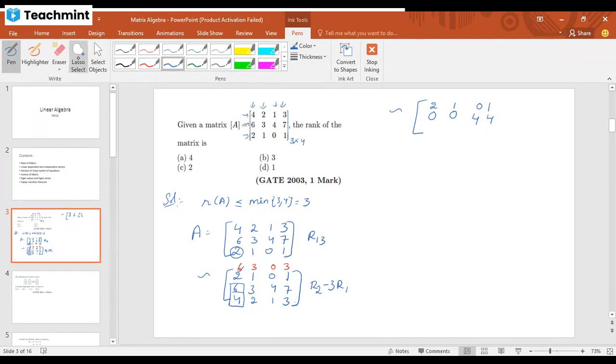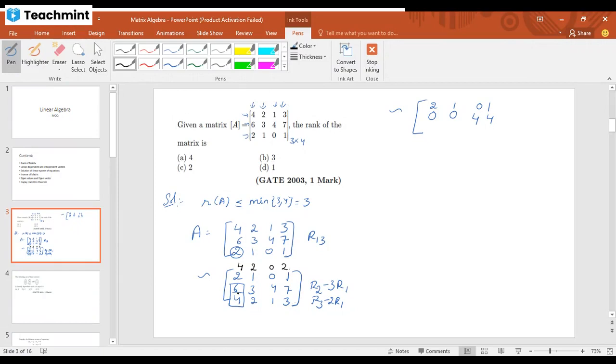Now we are going to apply the operation on the third row. The first entry is 4, and to make it 0 we apply the operation R3 minus 2 times R1. So 2 into 2 becomes 4, this is 2, this is 0, and this is 2.